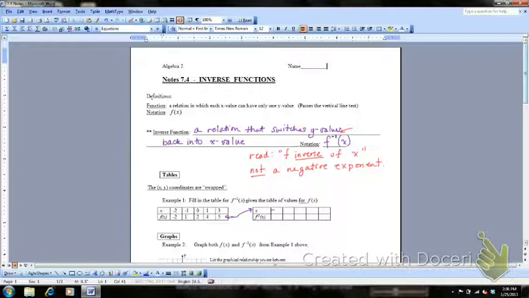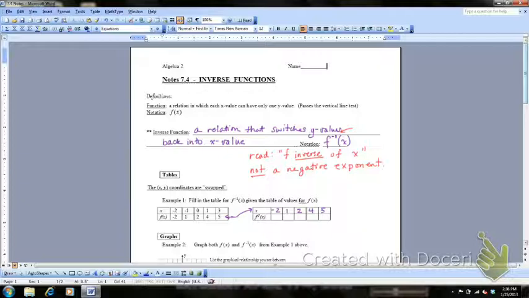So my row is going to look like this: -2, 1, 2, 4, and 5. Notice I didn't change any signs. All I did was swap the position of that row. The y's now became the x's.